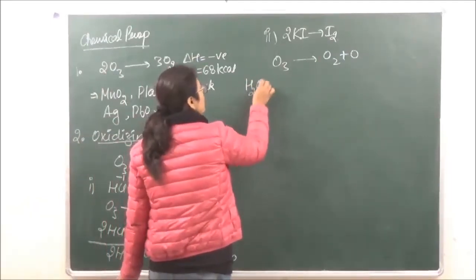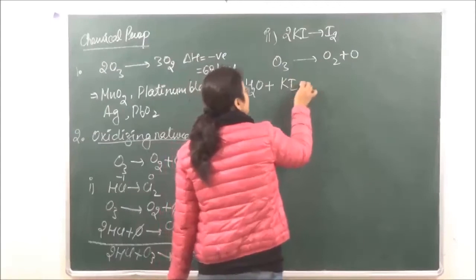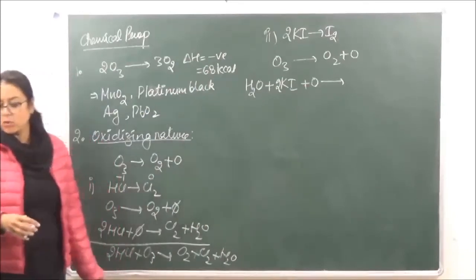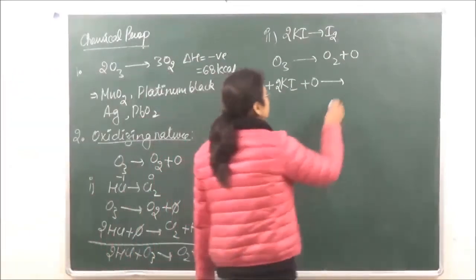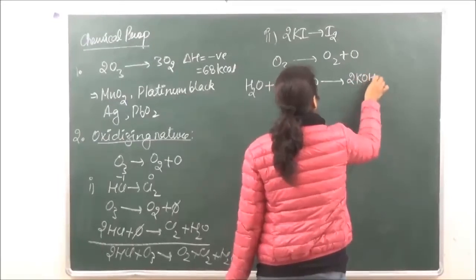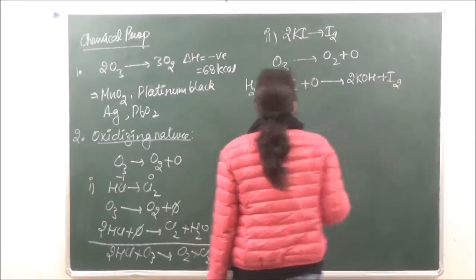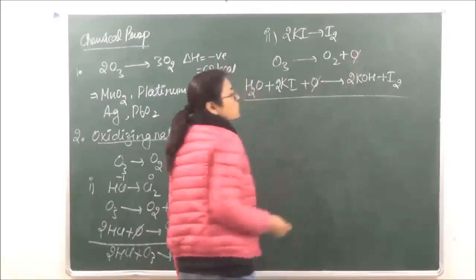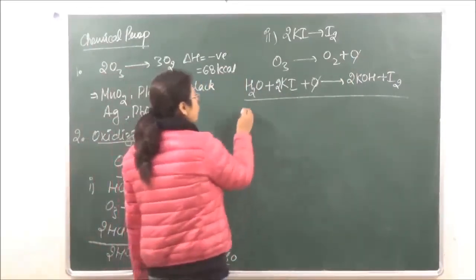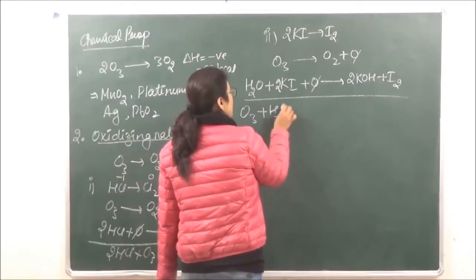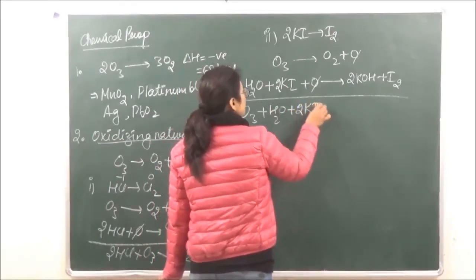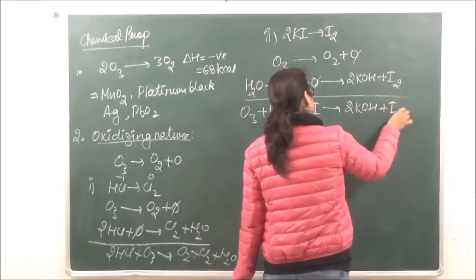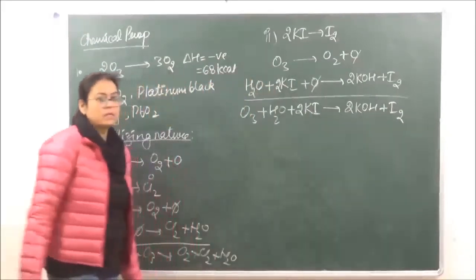So we have H2O plus KI plus oxygen, and this gives us 2KOH plus I2. Let's see the overall reaction: oxygen and oxygen cancel out, and we have ozone plus water plus potassium iodide to give KOH plus iodine.